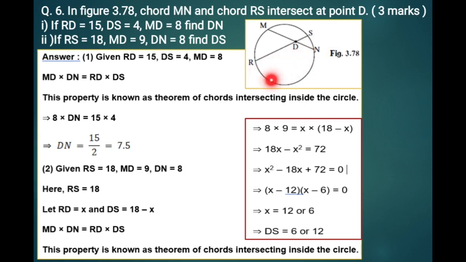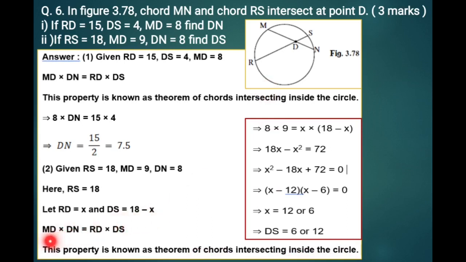By the property ED into DN equals RD into DS, this is the theorem of chords intersecting inside the circle.